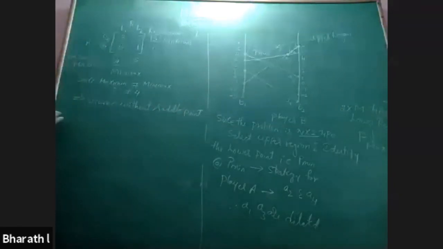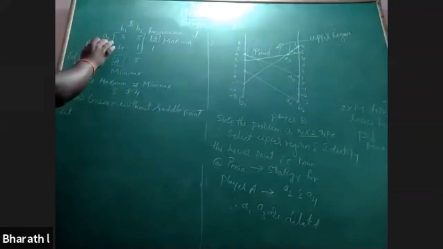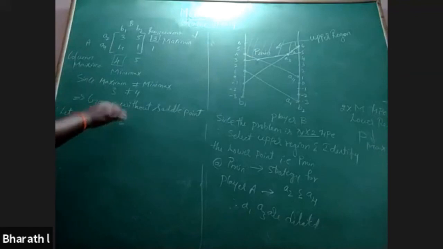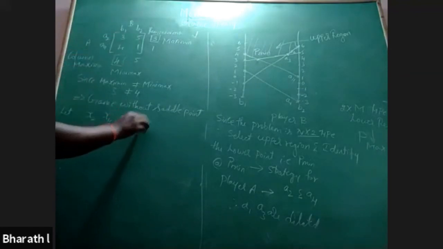Next you need to consider the probabilities. Corresponding to A2, A4, the probabilities are x2, x4, and corresponding to B1, B2, the probabilities are y1, y2.